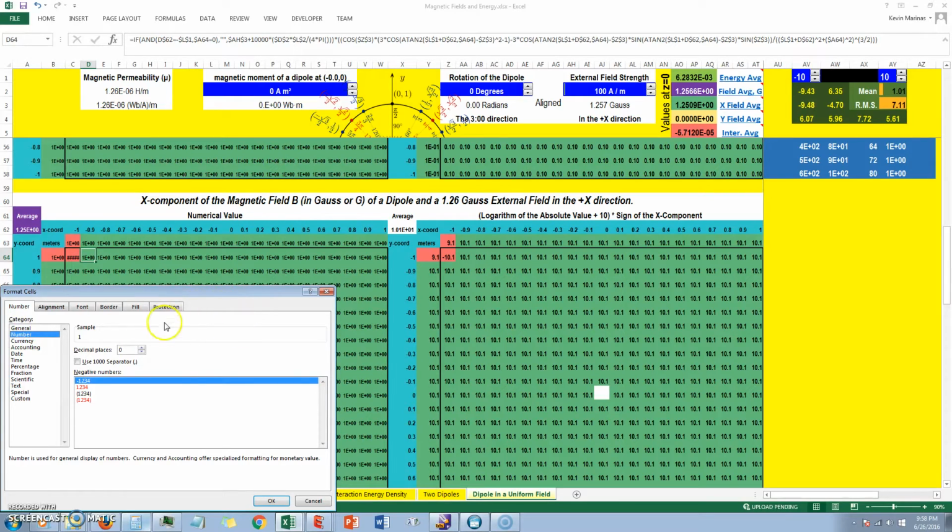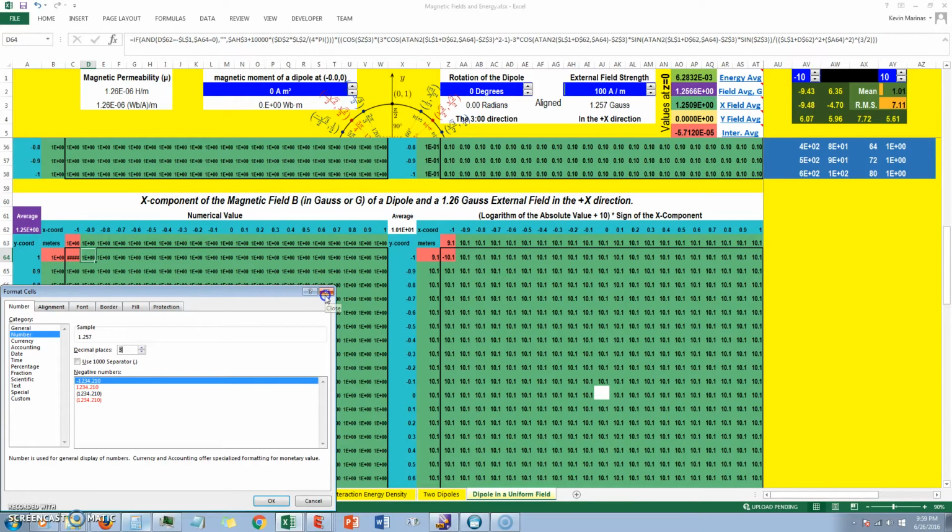Now, let's see here. There it is. So here in this green one, it's 1.257. Okay. That's matching the Gauss value. So this is the x component in Gauss.